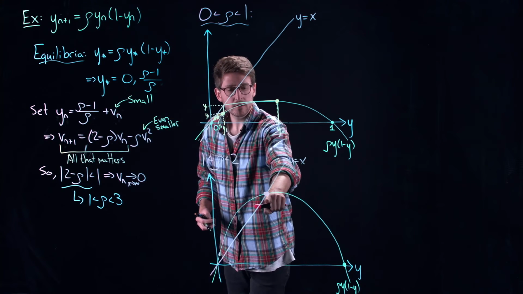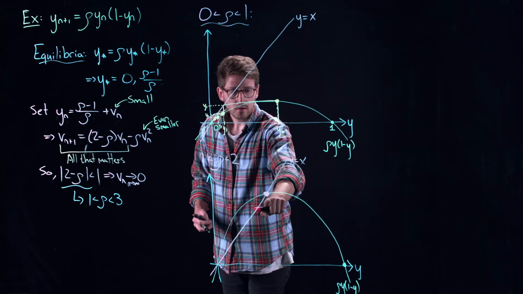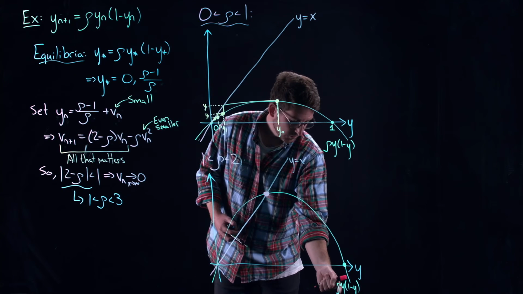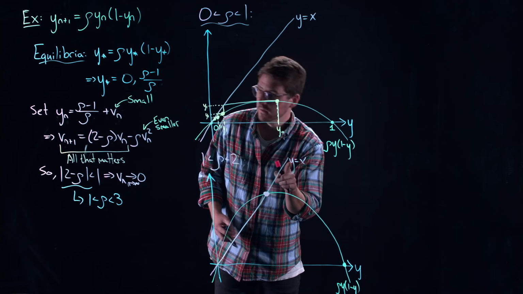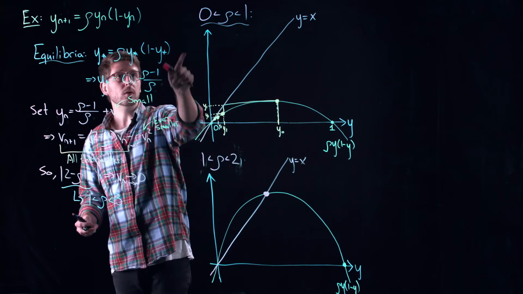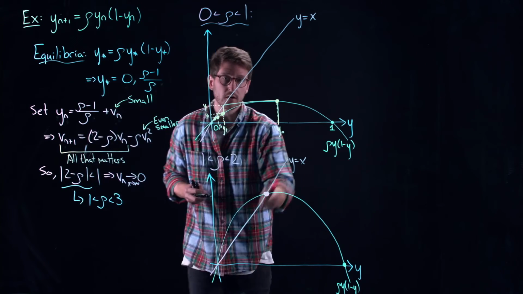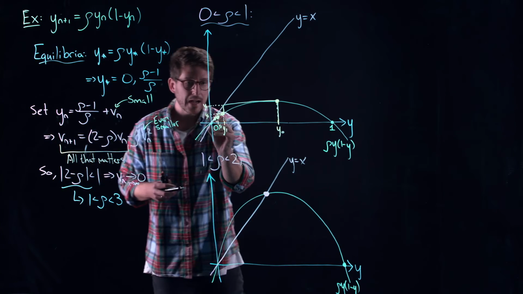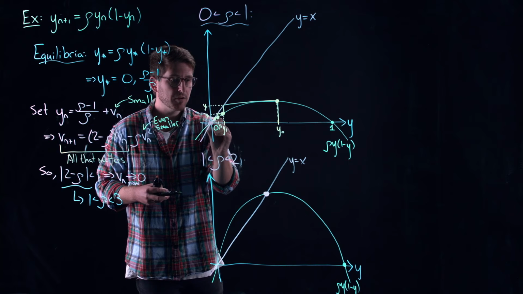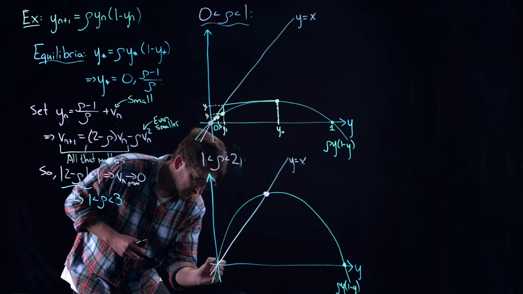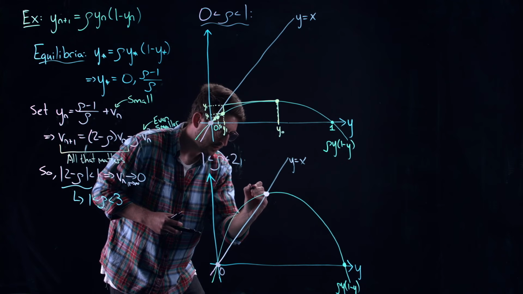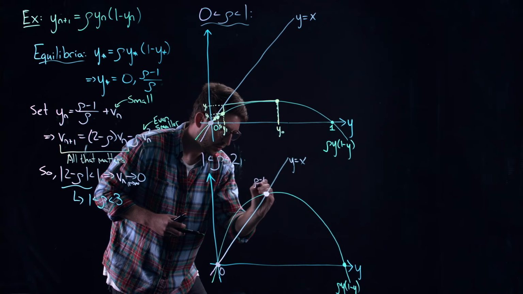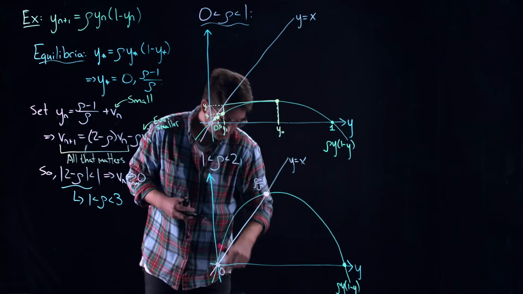What is this point of intersection? Well, that is where the curve rho y, 1 minus y, is equal to y. Oh, it's the equilibria, right? So the intersection of these two curves is exactly the equilibria. We see it right here. We see it right here. And we see it right here at rho minus 1 over rho.